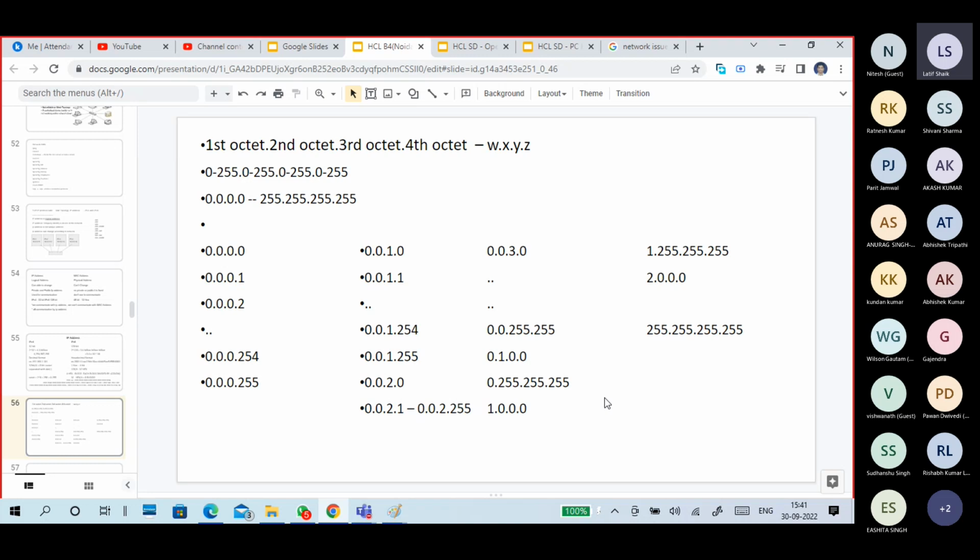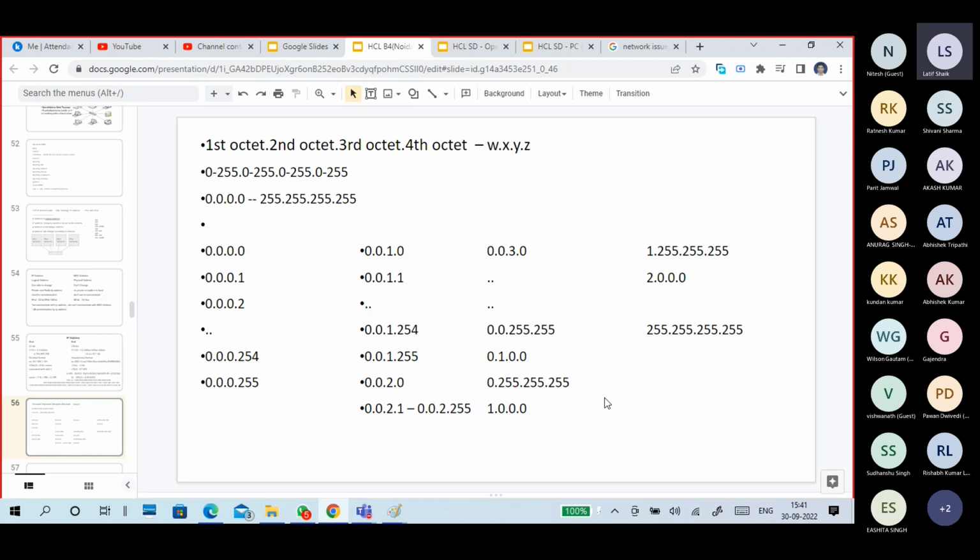Then it will change to 0.0.1.0, 1.1, 1.2, up to 1.254, 1.255. Then it becomes 2.0, and it continues like that. Finally, the last IP address is 255.255.255.255.